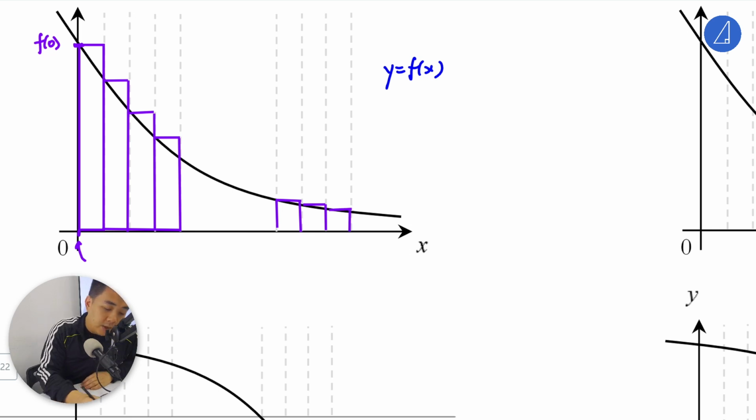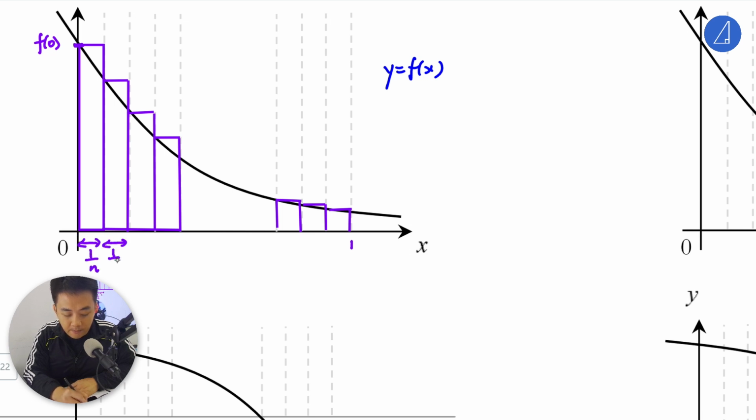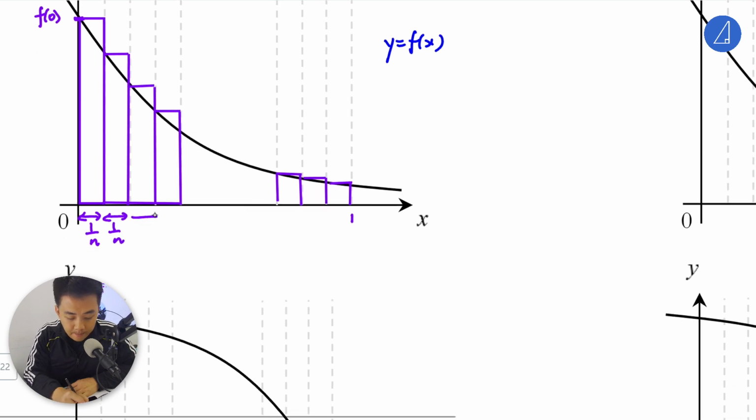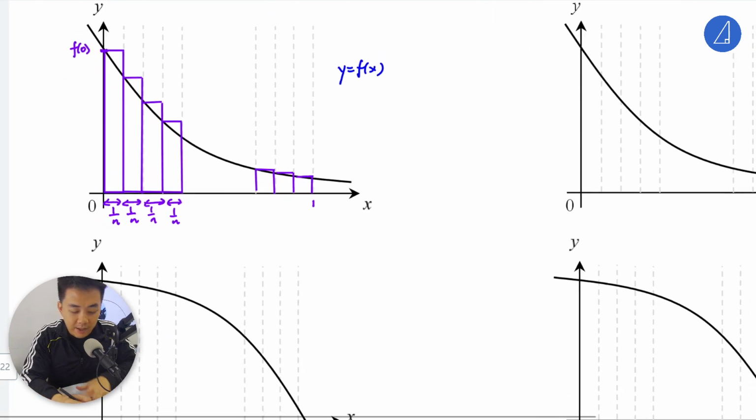Typically the question will say they are distributed between 0 and 1. Let's say 0 and 1, and there are n rectangles here, each of width 1 over n, 1 over n, 1 over n.